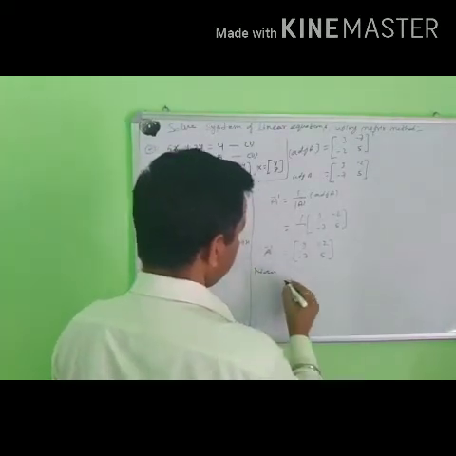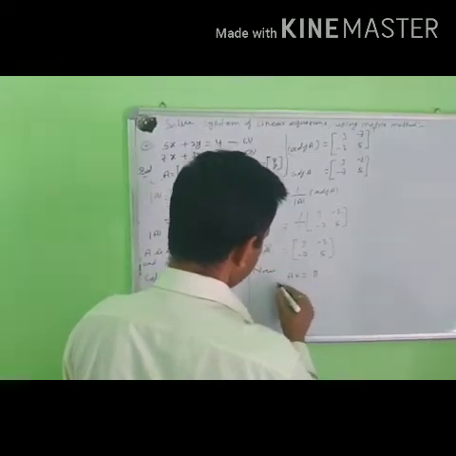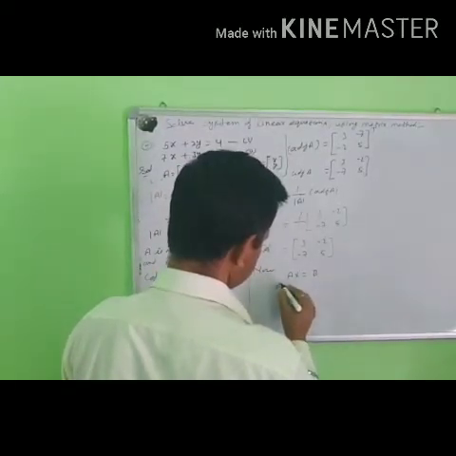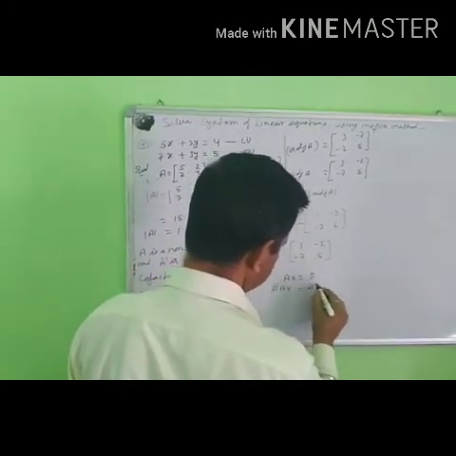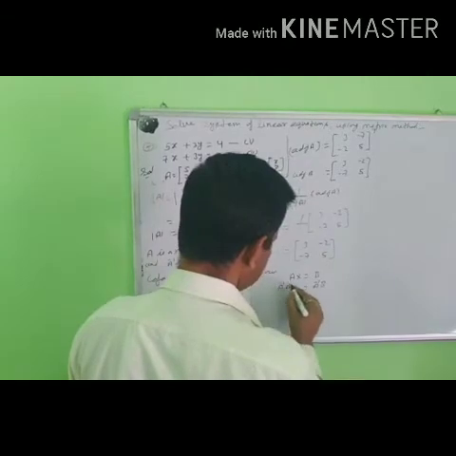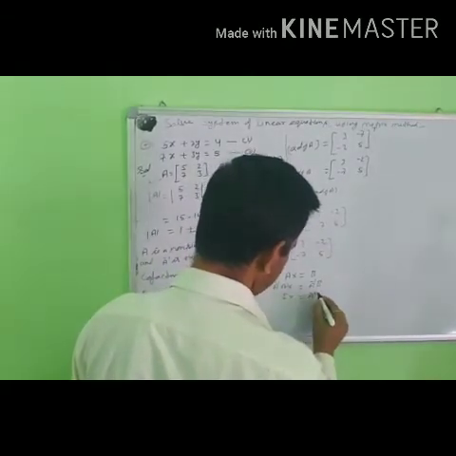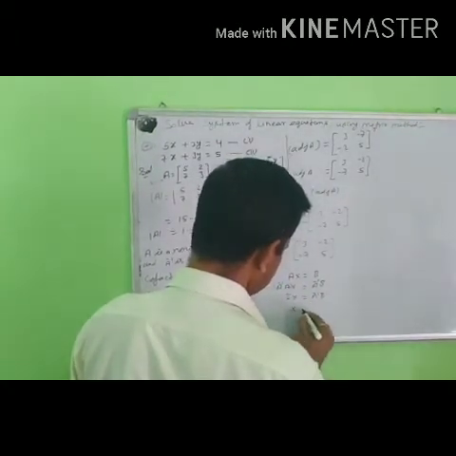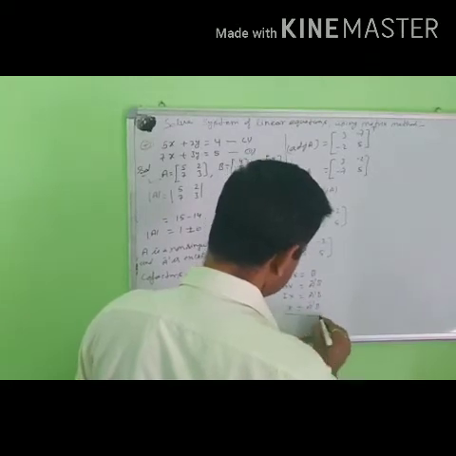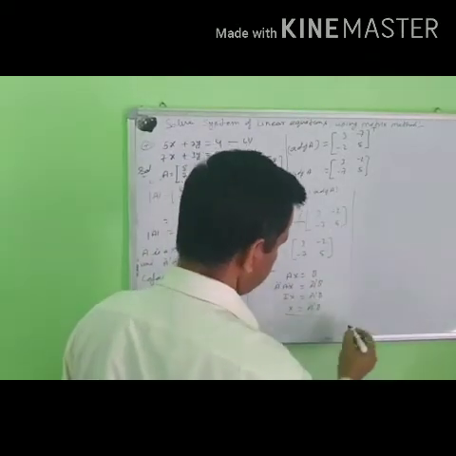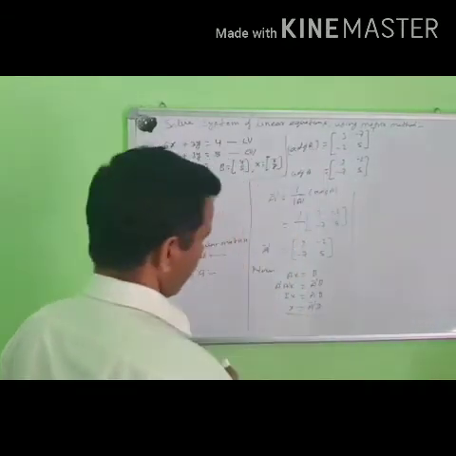How to write it? First write AX equals B, then multiply by A inverse: A inverse A X equals A inverse B. A inverse A becomes I, so IX equals A inverse B, which means X equals A inverse B. In this way, put in the values and find x and y.